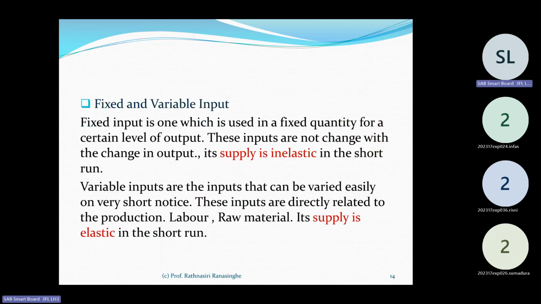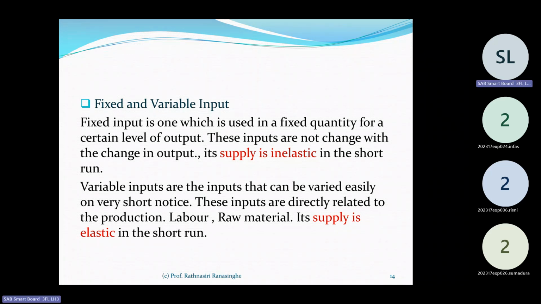Now in production, once we incorporate these factors of production and finally through the process we generate output, we can identify the fixed inputs and the variable inputs, right? What are the fixed inputs and what are the variable inputs? In the production process, some factors are fixed. We cannot change them at short notice, right?